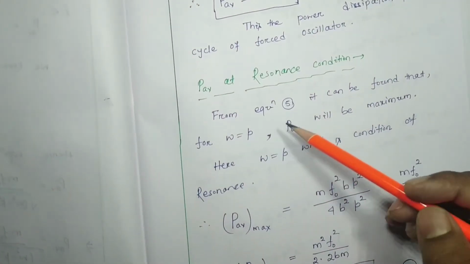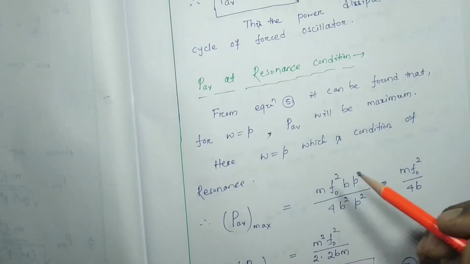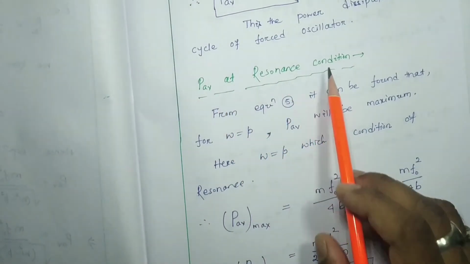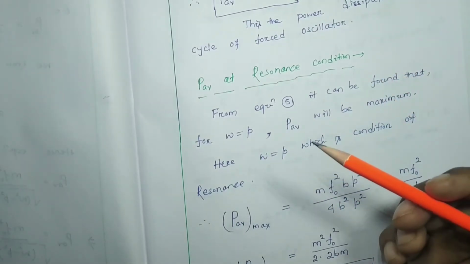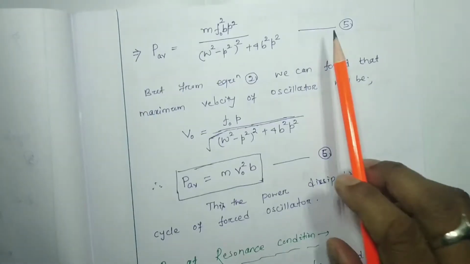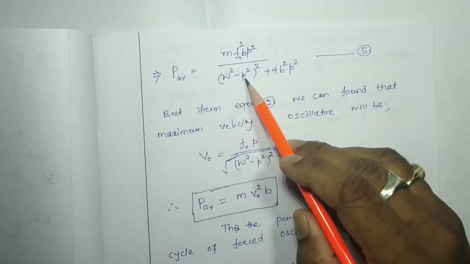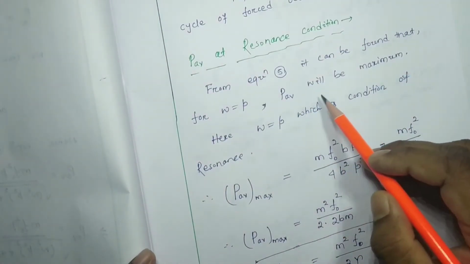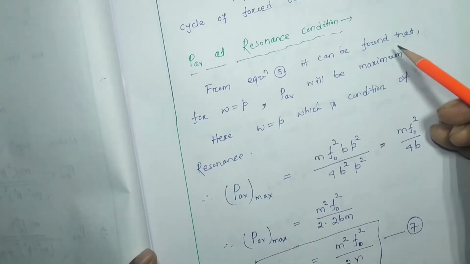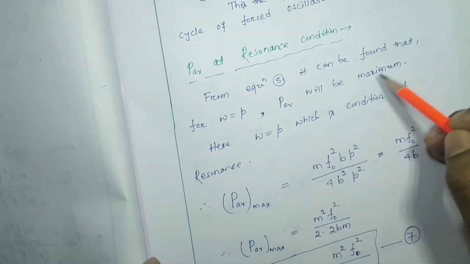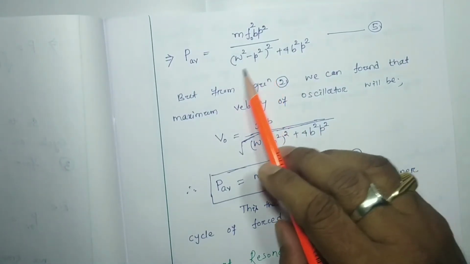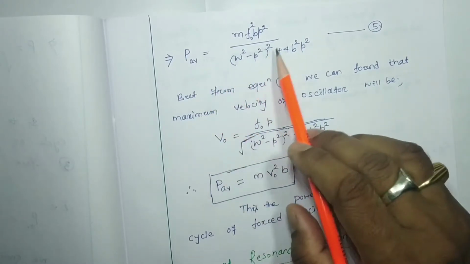Now another term we can derive in another way. At resonance condition, what will be the average power dissipation? From equation number 5 you can see that for omega equal to p, P average will again be maximum, because if p equal to omega, this term will be 0, so P average will get the maximum value.